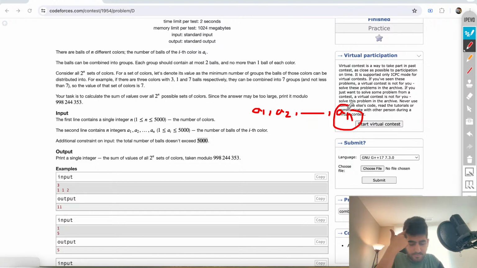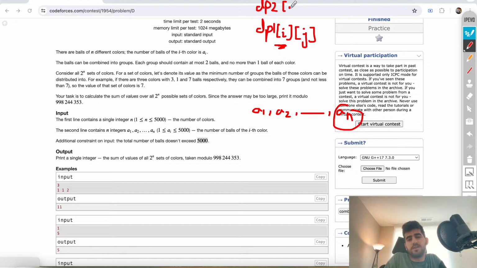So we sort them and we have some dp of I and j that gives us the number of subsets such that their last color is color number I. This is, for example, dp1. dp2 is that the last color is at most color number I, meaning they are from the first I colors.